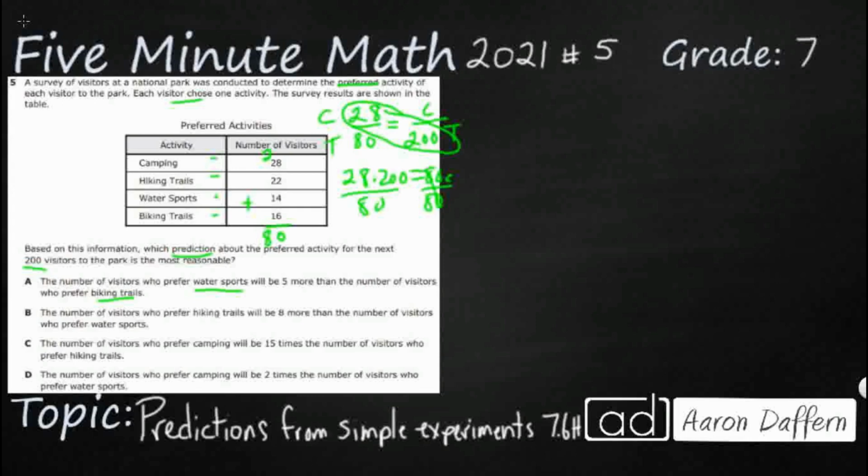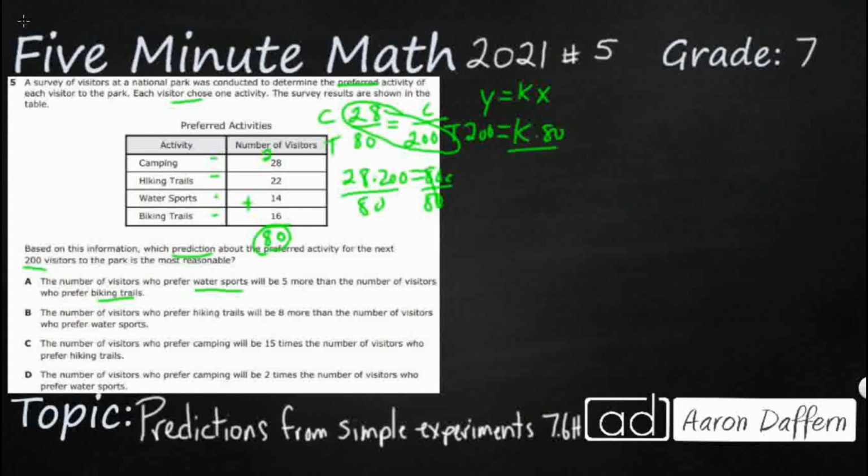A different way would be looking at a rate of change. If we're looking at y equals kx, let's start with what we know. We start with our independent variable, that's going to be 80, and it's going to get us into our dependent variable, so 80 is going up to 200.